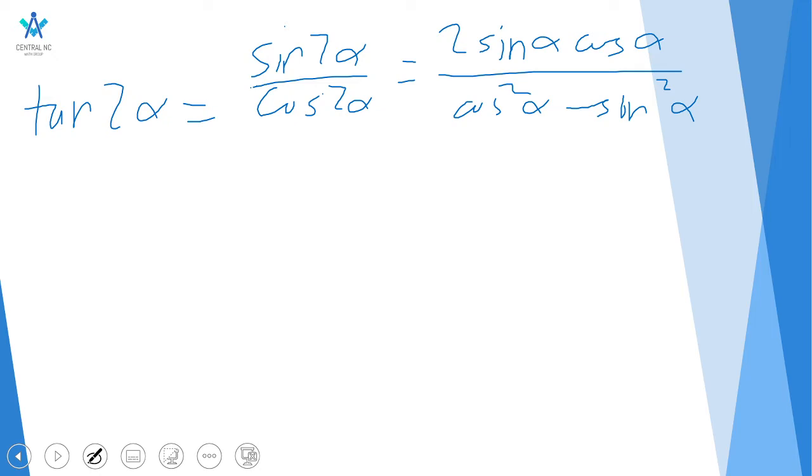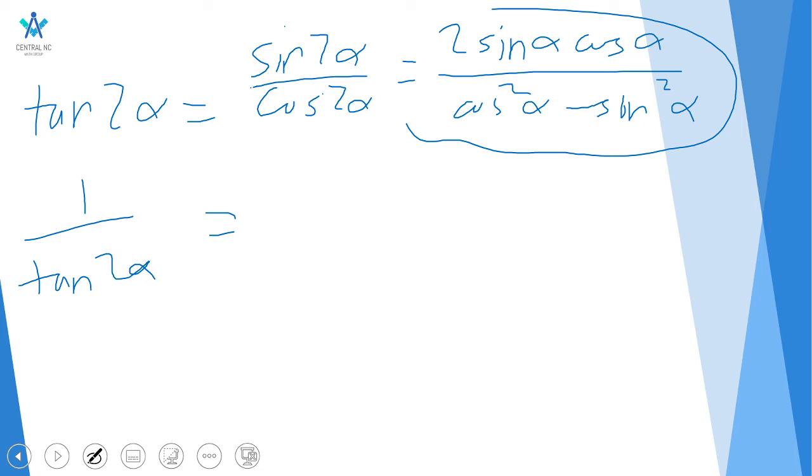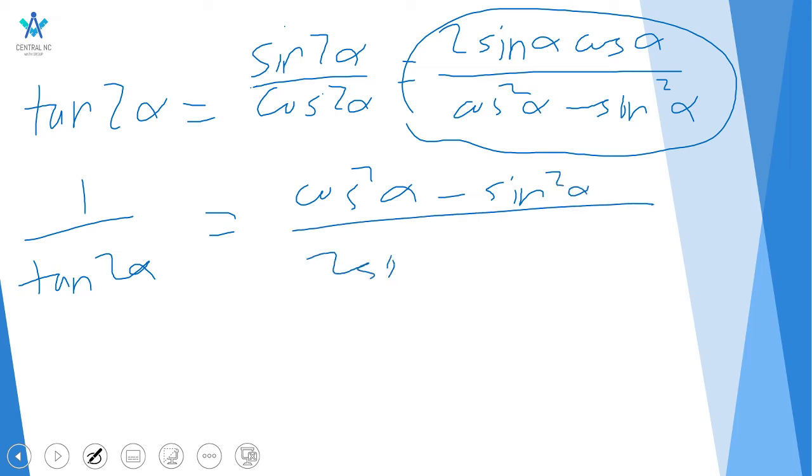And then the next step, just for simplicity, is that 1 over tangent 2 alpha is equal to the reciprocal of this, which is cosine squared alpha minus sine squared alpha all over 2 sine alpha cosine alpha.